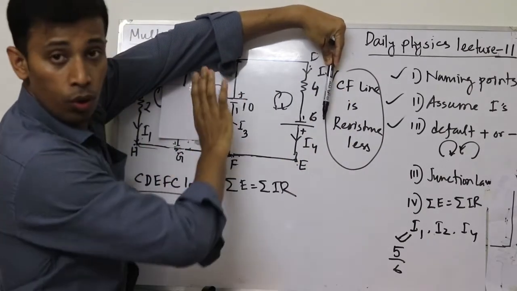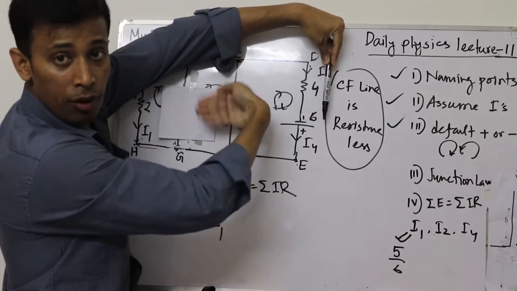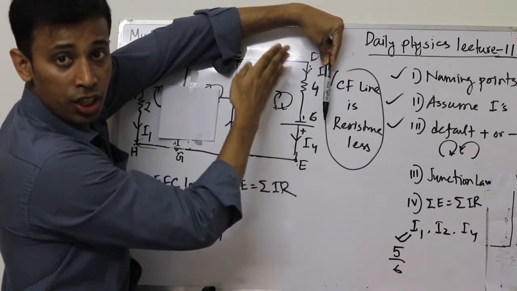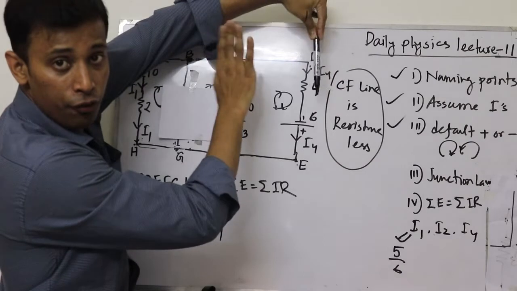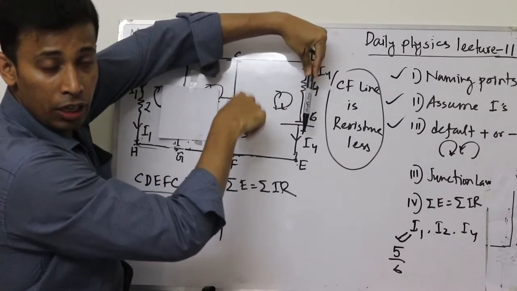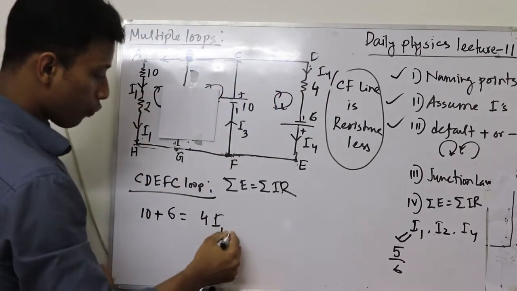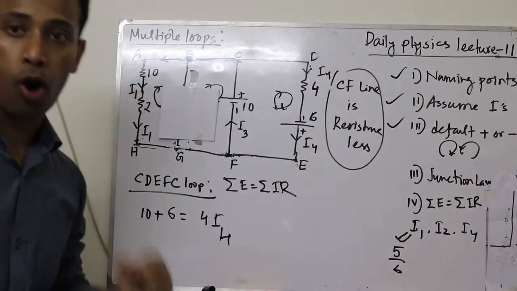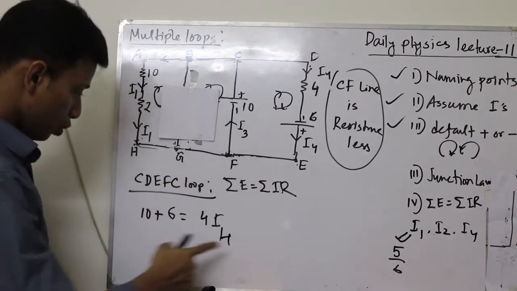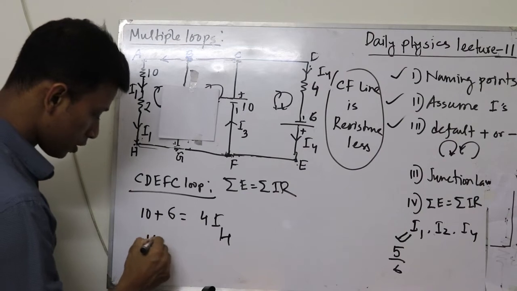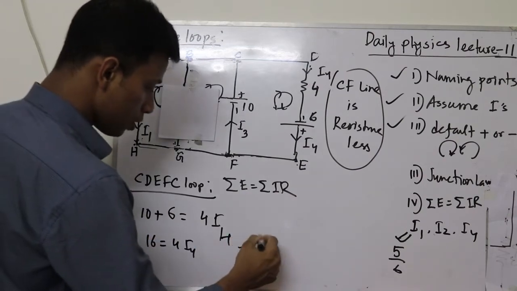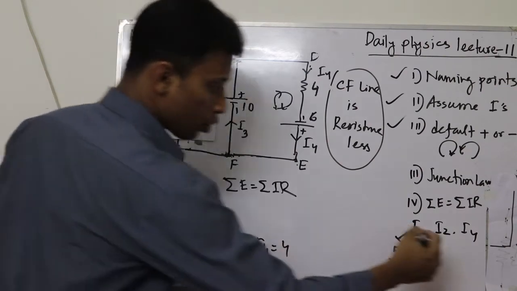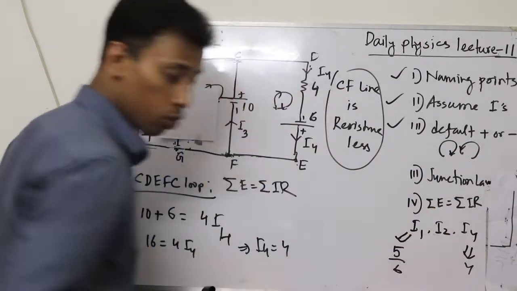Let's see whether it is positive or negative. Our default clockwise positive direction is along the direction of the current flow. I4 is acting along our default positive direction. So I4 is the positive current. So simplify this: 16 equals 4I4. So we have got I4, and I4 is 4.